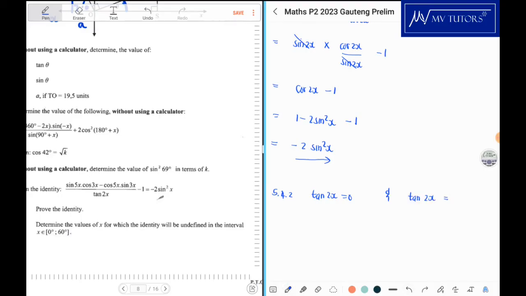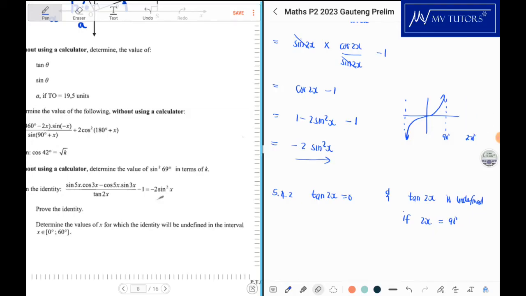So tan 2x is undefined if the angle, which is 2x, is equal to 90 degrees. Remember, like I said, when it comes to tan, we have 90, 270, negative 90. So at that point, at intervals of 90 degrees, you have your asymptotes.